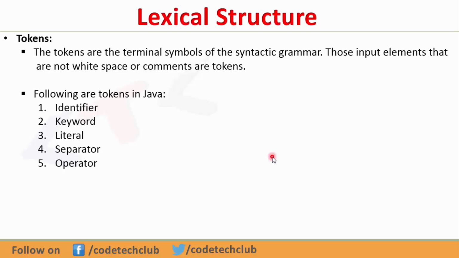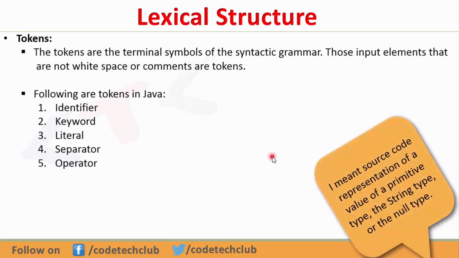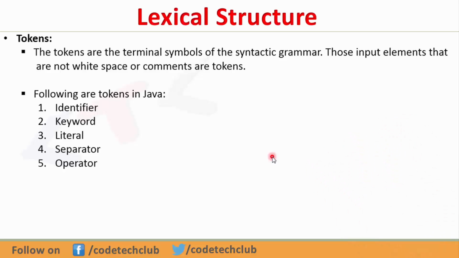These are reserved words that have their own specific meaning in the Java programming language. Literals are just the actual values which we store; it is the source code representation. Separators are the parentheses, brackets, period, comma and semicolon. All these are separators.